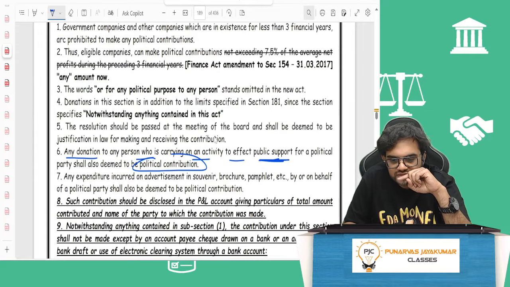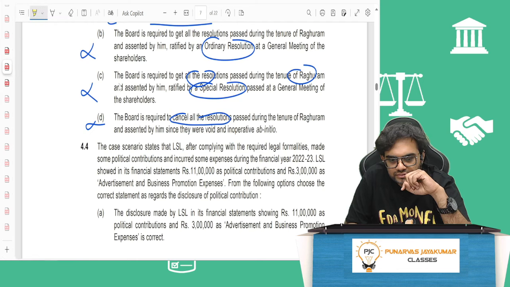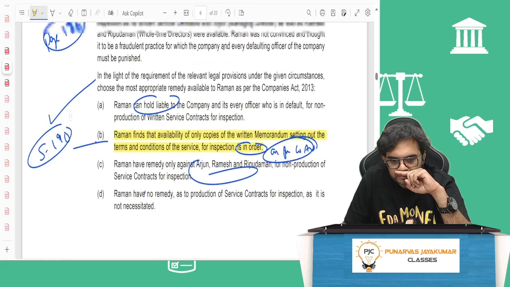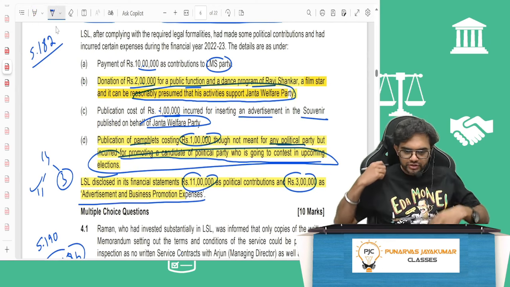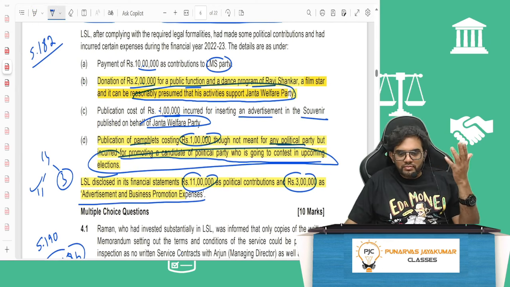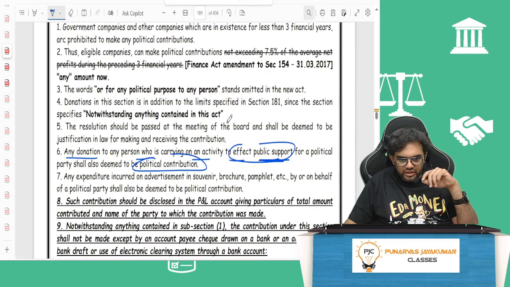So anything which is getting public support, for example, reasonably presumed to support Janata Welfare Party, that is deemed to be a political contribution. Pamphlet for promotion is also definitely political contribution. Brochure, pamphlet shall also be deemed to be political contribution.